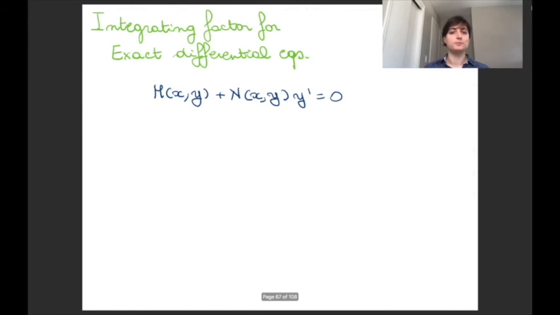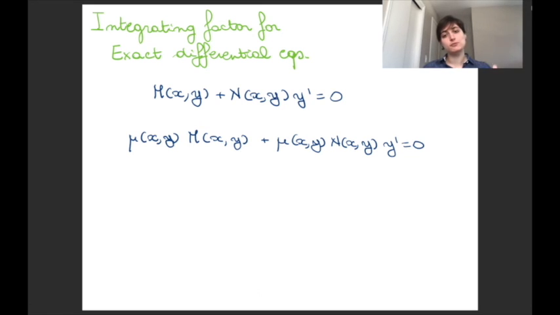How does that work? Well, sometimes we have something that we would like to be an exact differential equation, m of x,y plus n of x,y y prime equals 0, but m and n do not satisfy our requirements. So we multiply everything by a new function mu that we can choose, and we want this new equation to be an exact differential equation.